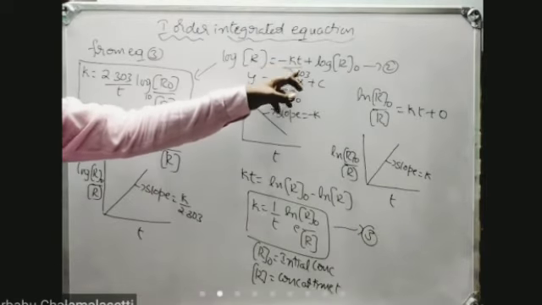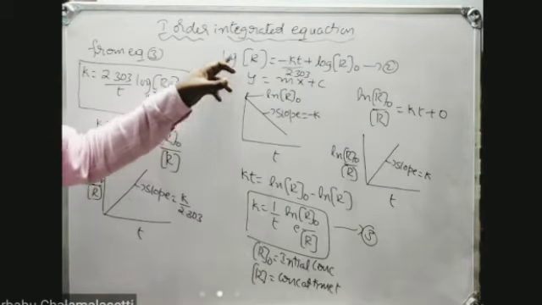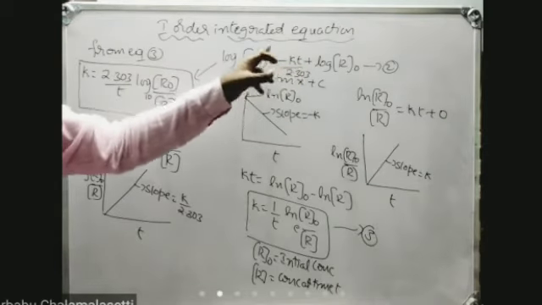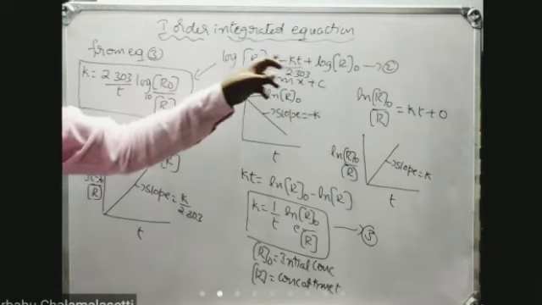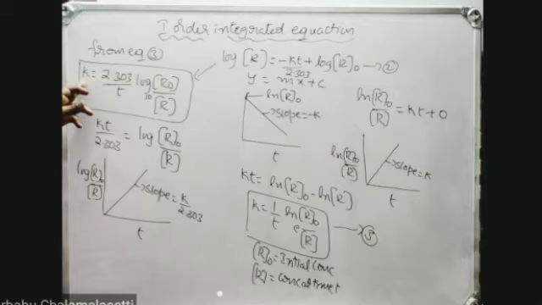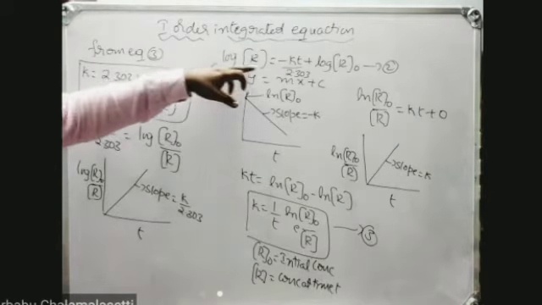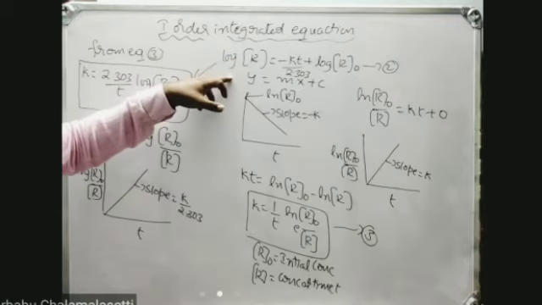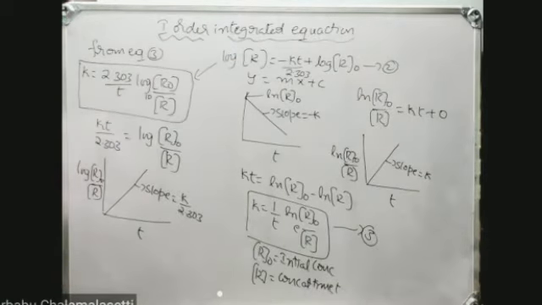See here, kt by 2.303: bring this to this side and that to that side, then k is equal to 2.303 by t times log, as 2.303 in the denominator goes to the numerator.